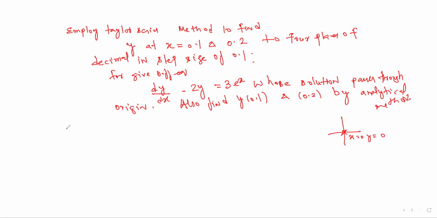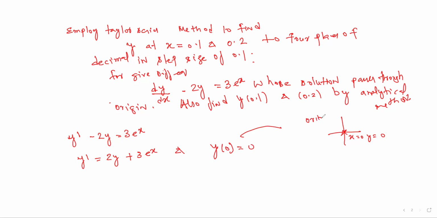Now, dy by dx can be represented by y dash, and y dash minus 2y is equal to e to the power x. Then I can write y dash is equal to 2y, taking it to that side, plus e to the power x. What else is given? Given is y of 0 equal to 0, because the point is the origin. So x naught is equal to 0 and y naught is also equal to 0.